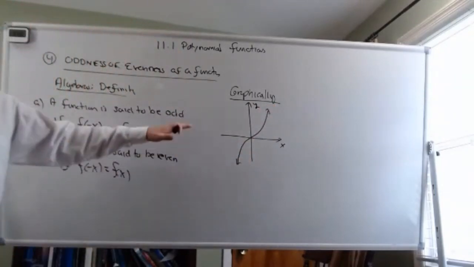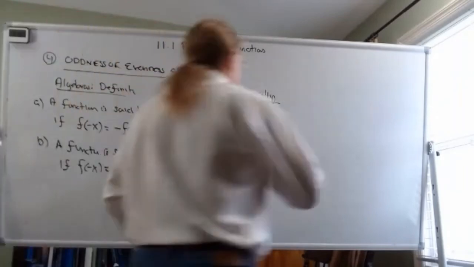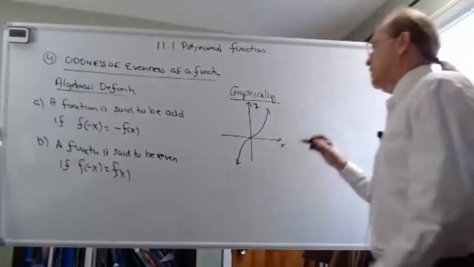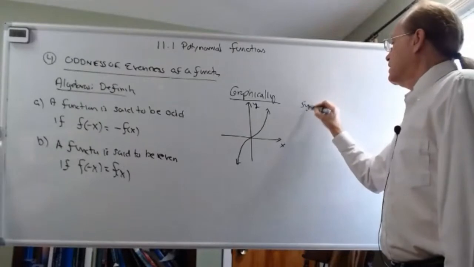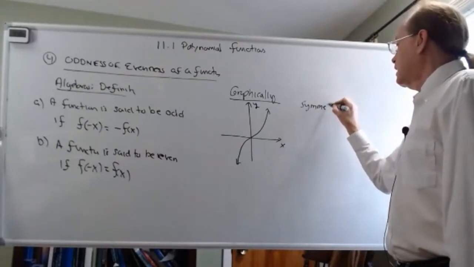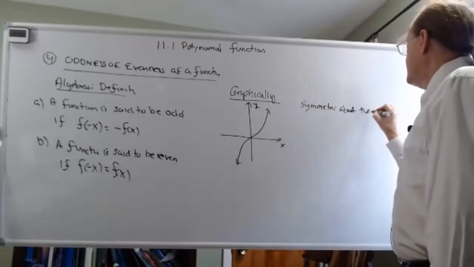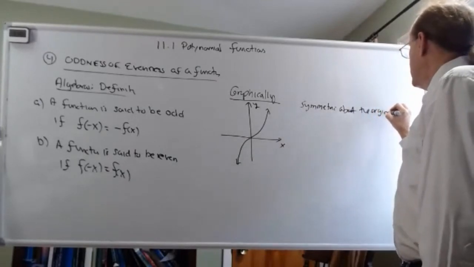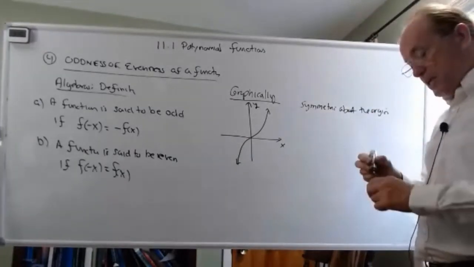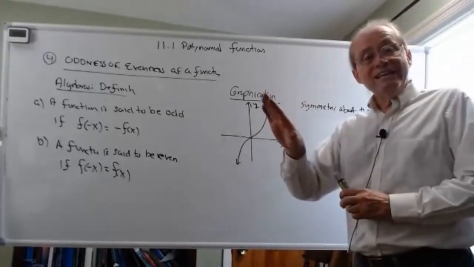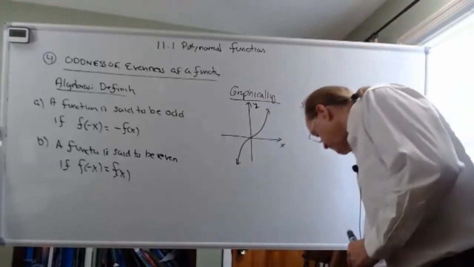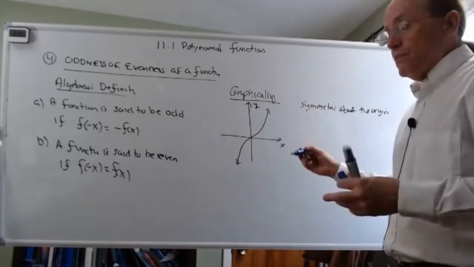We say that this is symmetric about the origin. I'm going to describe how we know that's odd. We say that it's symmetric about the origin. So what does that mean? Well, that means you do two rotations and you get the same thing back. So it doesn't matter what order I do.